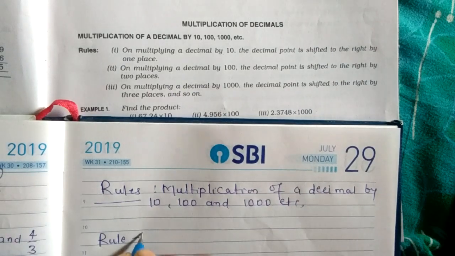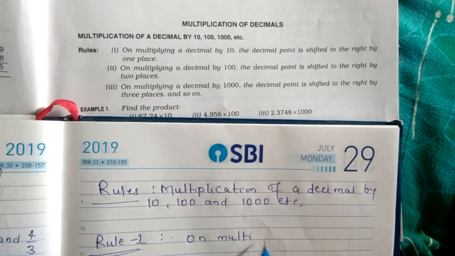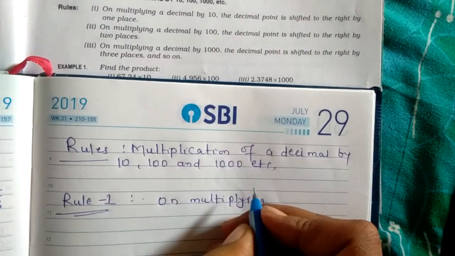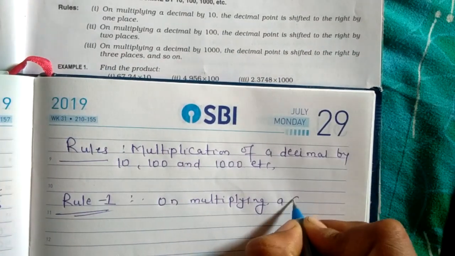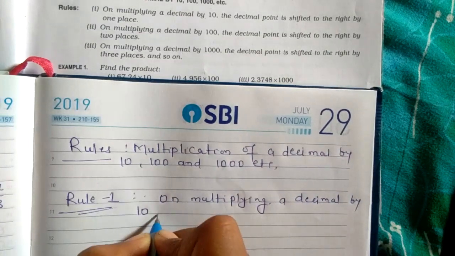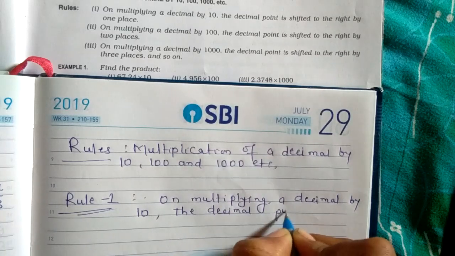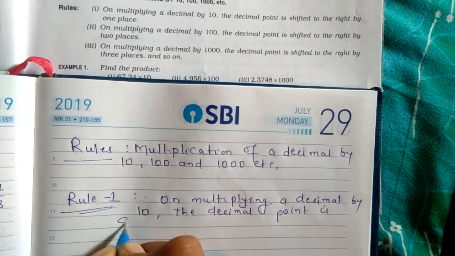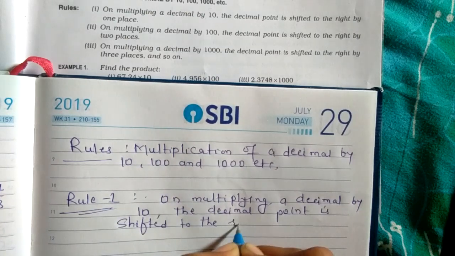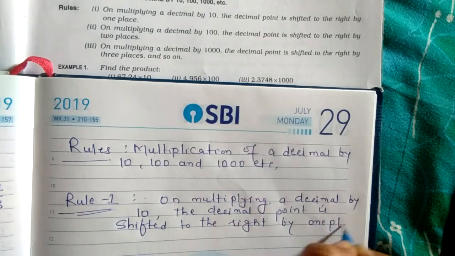Rule 1. On multiplying a decimal by 10, the decimal point is shifted to the right by one place.